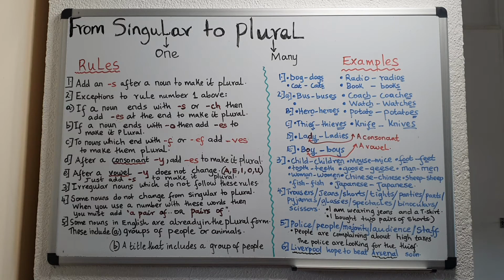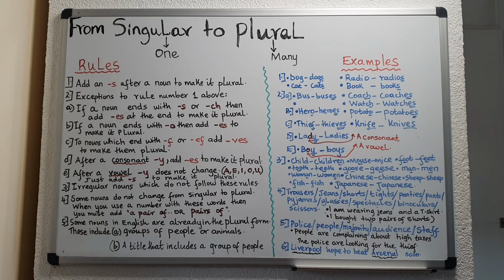And then you have goose. O becomes EE. Geese. Goose, geese. Foot, feet. Tooth, teeth. And then you have man becomes men. Woman becomes women.